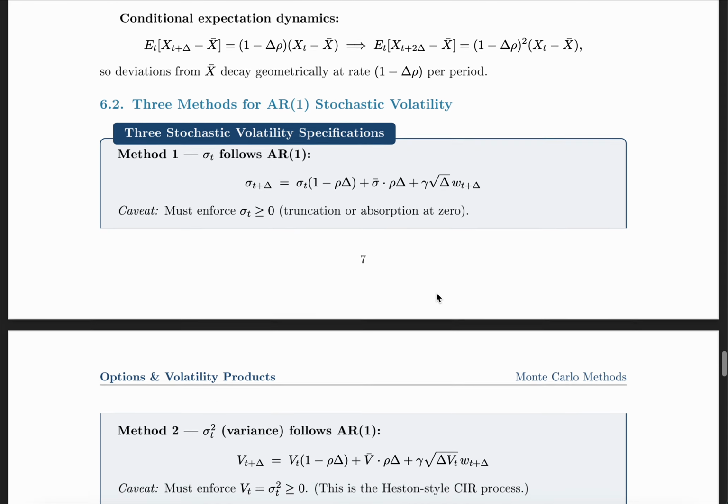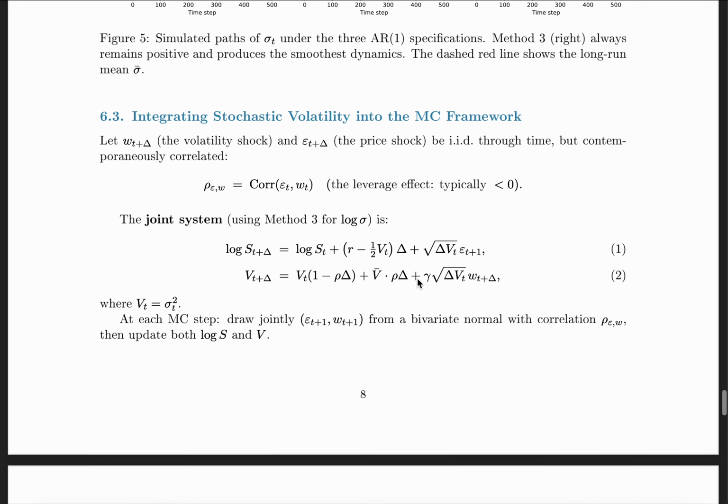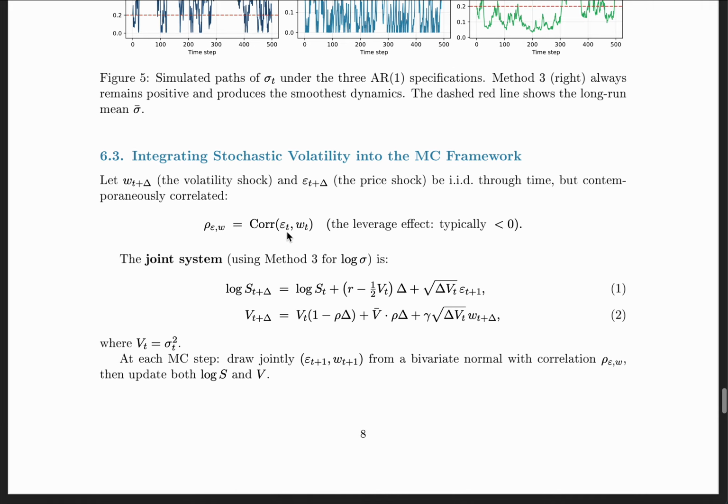One of the fascinating things about this approach is that people figured out that epsilon, the random draw for returns, actually tends to be correlated with the omega term. Each of these tends to be IID, independent and identically distributed over time, which means that omega at time t is going to be independent but identically distributed from omega at t plus delta.